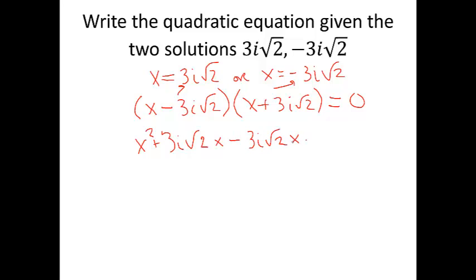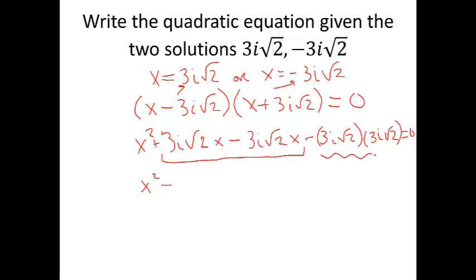And then my last terms are going to give me minus 3i root 2 times 3i root 2. And all this equals 0. So in my middle here, I notice that these are opposites, and therefore they go to 0. So I'm really left with x squared minus, and I want to actually multiply this out.